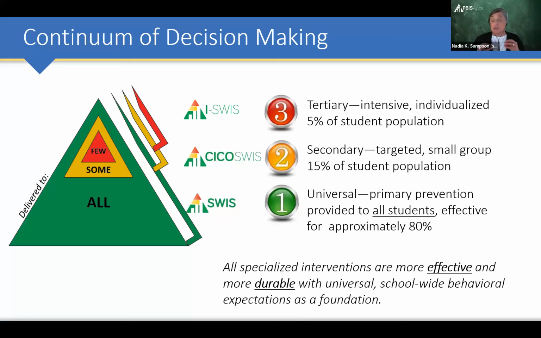So catching 80% of our students at tier 1 being safe, respectful, responsible will reduce the number of students that we potentially will need to serve at those higher levels of secondary and tertiary. We've seen this over and over again with schools across the country, especially since the pandemic, have had to go back to looking at their tier 1 and really re-implementing and refocusing on getting tier 1 in place so that they're not putting out fires. They actually have that tier 1 in place and can more strategically address the needs of students at tier 2 or tier 3 who really need those levels of support.